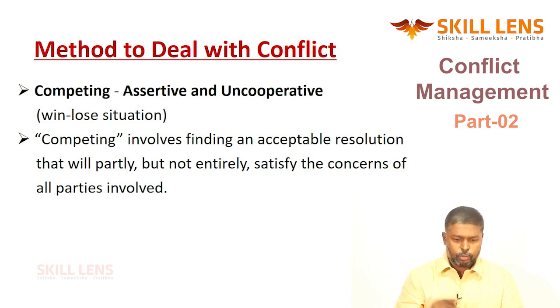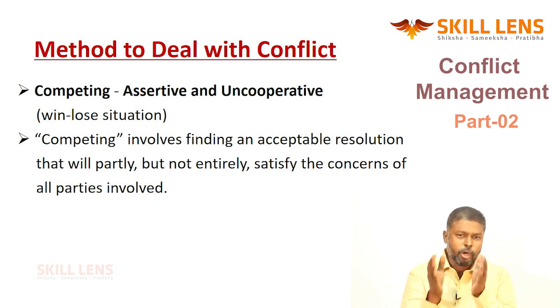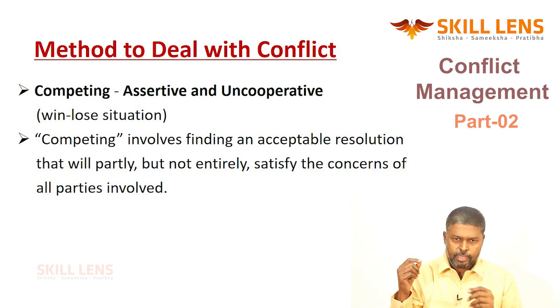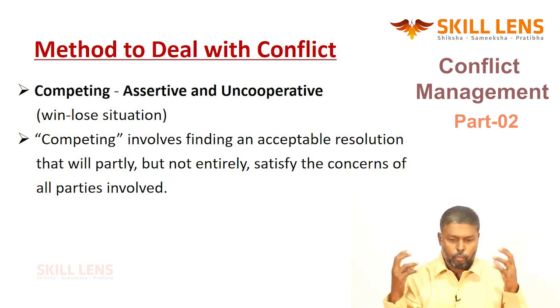It's negative. So competing involves a resolution that will be only partly satisfying the other party or completely satisfying only you. So the point here is that competing is a complete win-lose situation. I repeat again, it's an assertive and uncooperative way of looking at life.